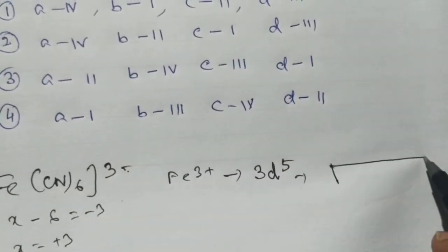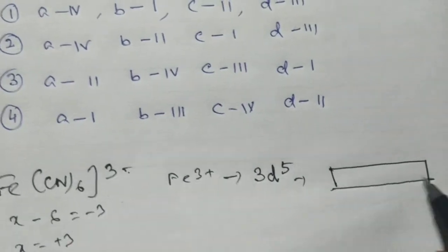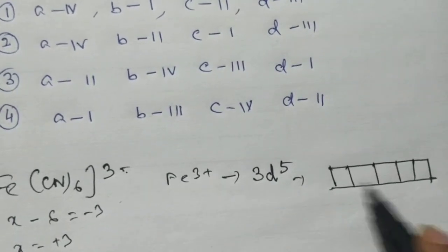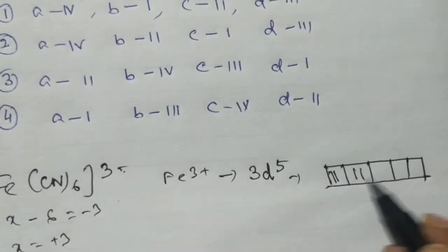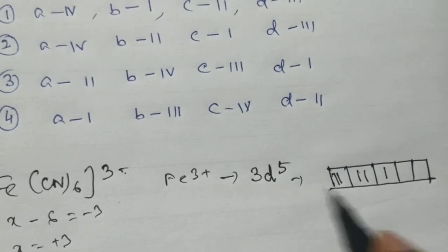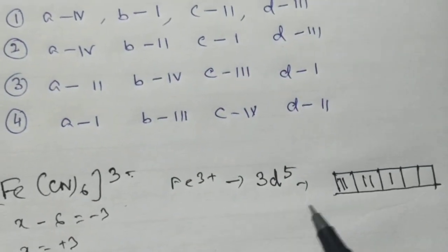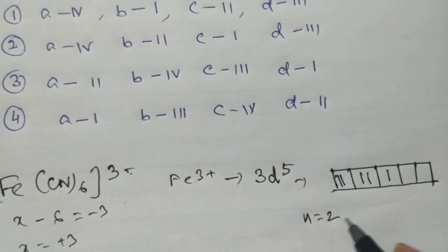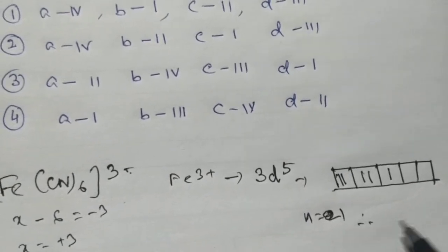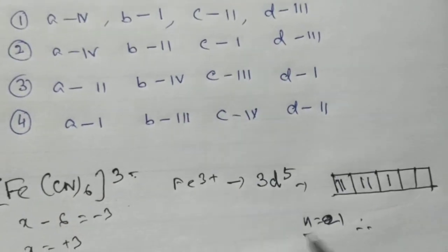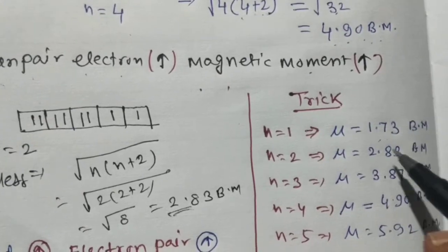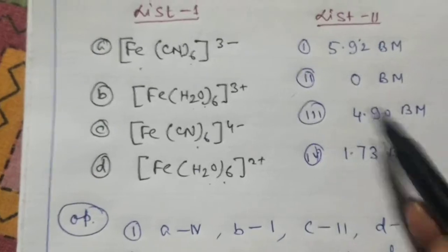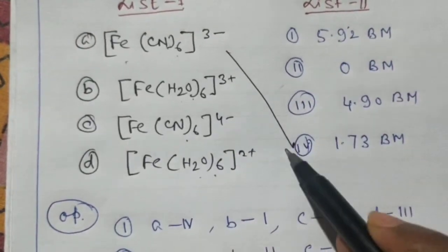Now in the d subshell, electrons occupy 1, 2, 3, 4, 5. These are paired because a strong field ligand is present. So the number of unpaired electrons n is equal to 1. So when n is equal to 1, magnetic moment is 1.73. Here 1.73 is option 4. For 1 it is 4.